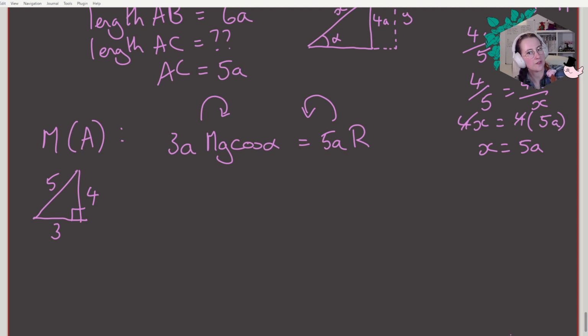Fun fact, 3, 4, 5, Pythagorean triple. They make a nice right angle triangle where all of the side lengths are whole numbers, or integers as they're called.